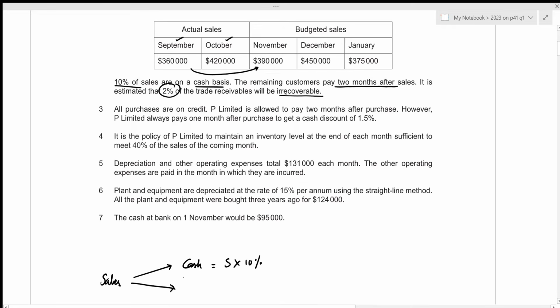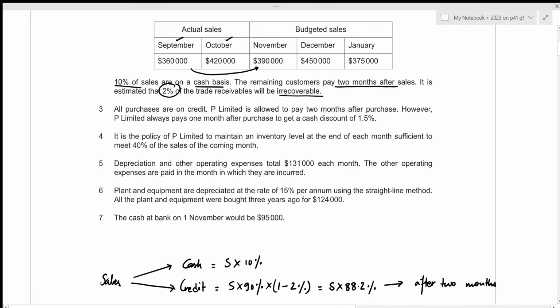So the remaining sales will be of credit sales. And this is just going to be the sales times 90%. And this is the total of the credit sales. And out of the total of the credit sales, 2% will not be able to pay us because those will be irrecoverable debts now, which means that the total credit sales is just going to be sales times 88.2%. And remember, this is the amount that will be paid after 2 months.